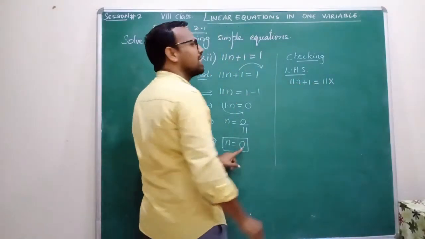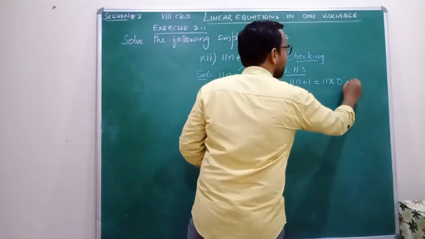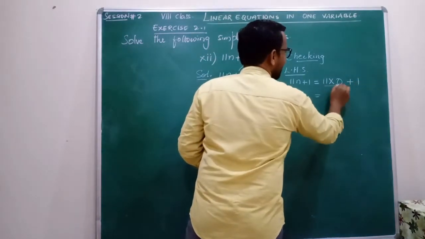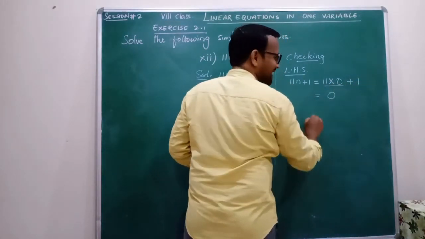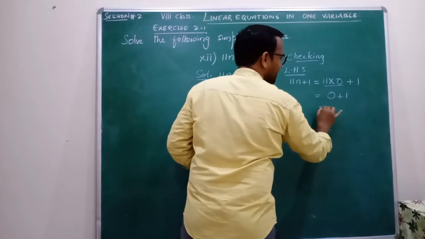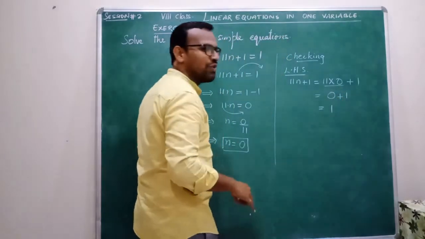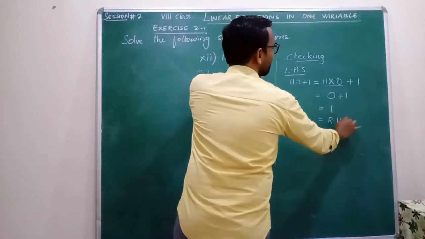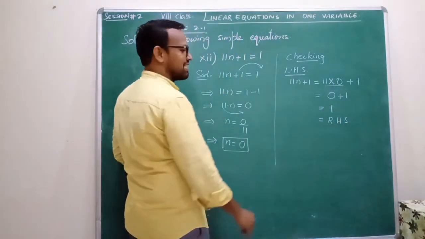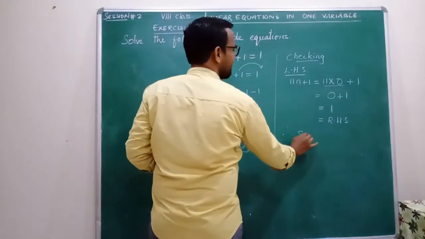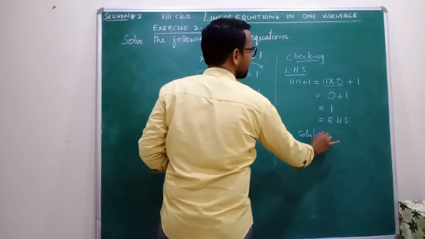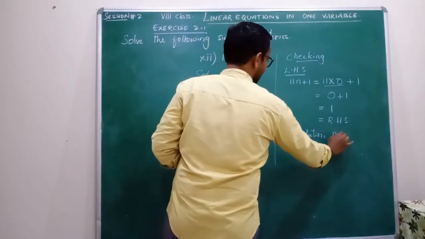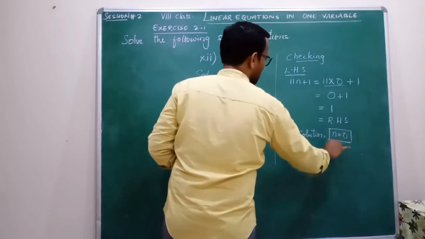N value is what? 0, plus 1. 11 zeros are 0, plus 1. 0 plus 1 is nothing but 1. So what is 1? 1 is RHS. So LHS is equal to RHS, we got. That means the solution is n is equal to 0.